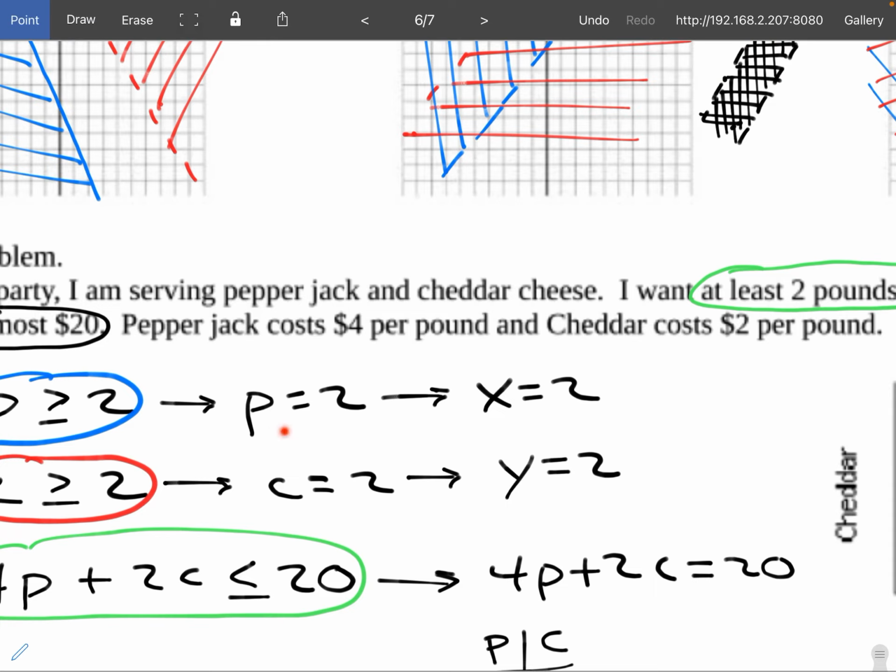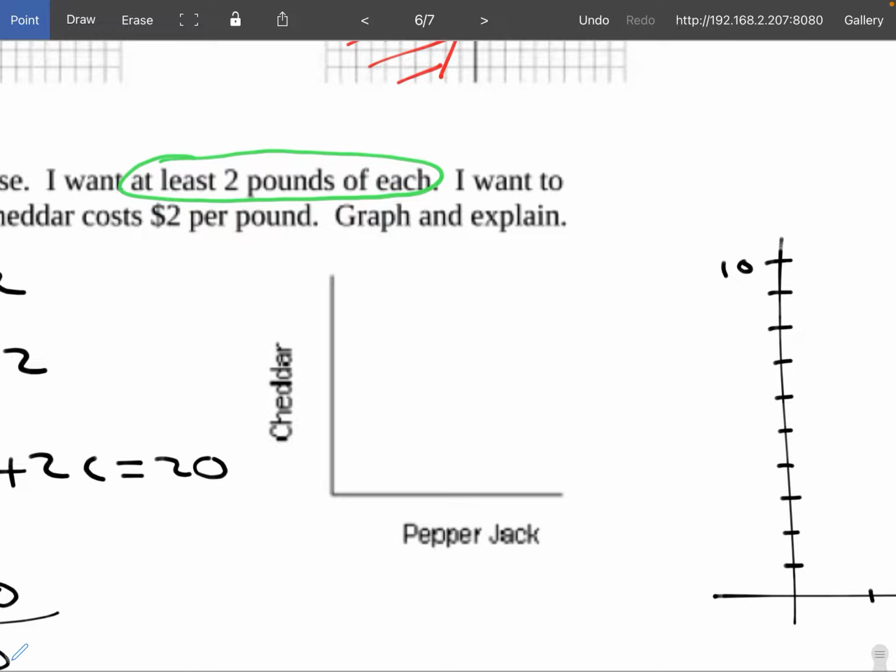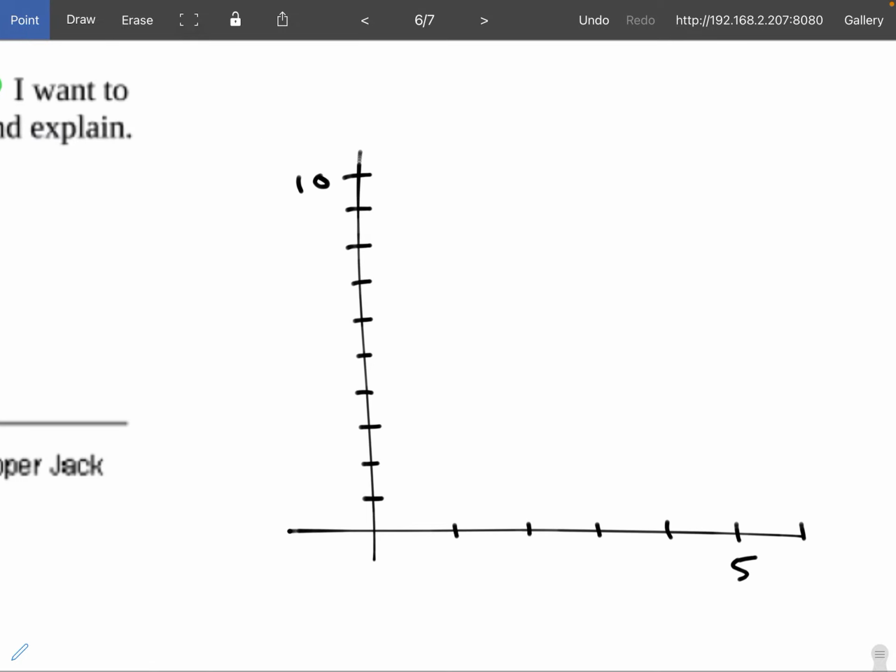So we got to go 1, 2, 3, 4, 5, 6, 7, 8, 9, 10. And then we need to get to 5 on this axis. So we'll go 1, 2, 3, 4, 5, 6. So there's 5 right there. Okay, now the first one.